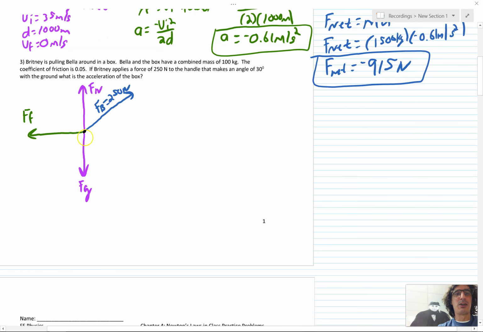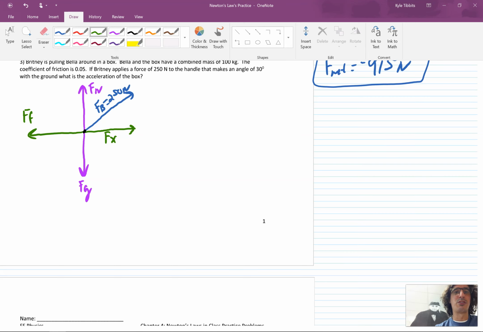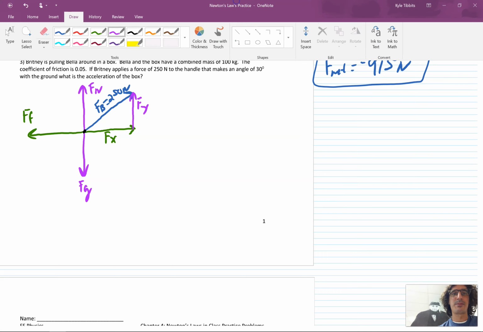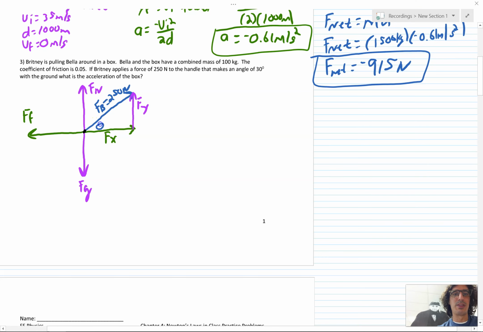That creates an angle relative to the ground, so we'll draw another vector going to the right. That'll represent our F of X vector. That's the force of Brittany in the X direction. And we also have the force of Brittany in the Y direction, let's call F of Y. And then also theta, which is 30 degrees.